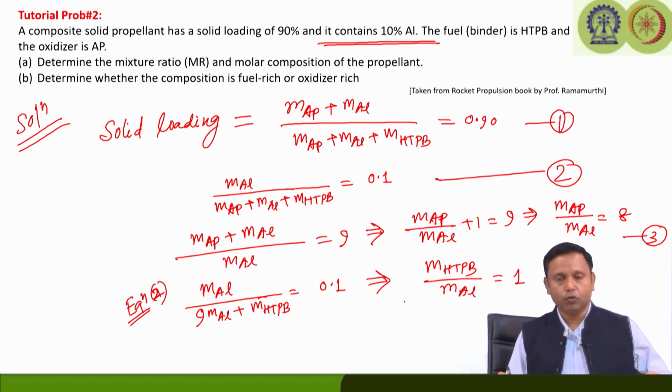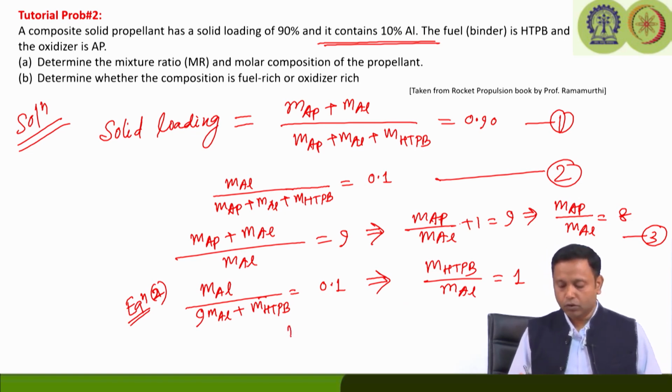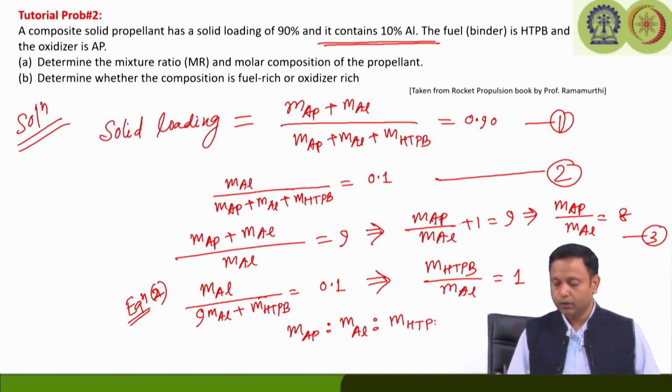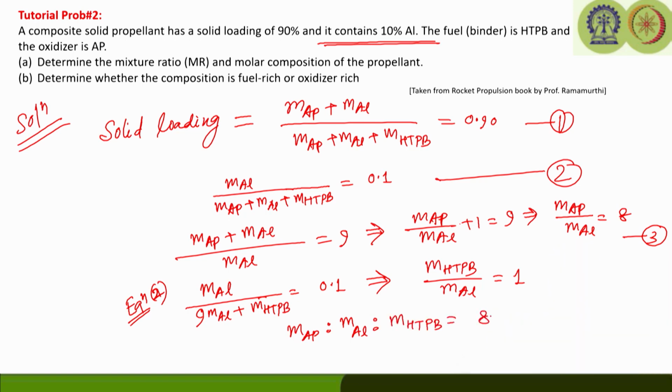So, if you write down the mass ratio, mass of AP to mass of aluminum to mass of HTPB will simply become 8 to 1 to 1. So, it is like 80% ammonium perchlorate, 10% aluminum and 10% HTPB.